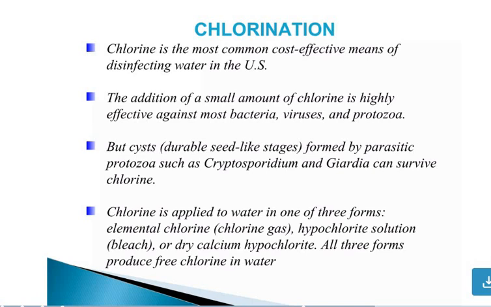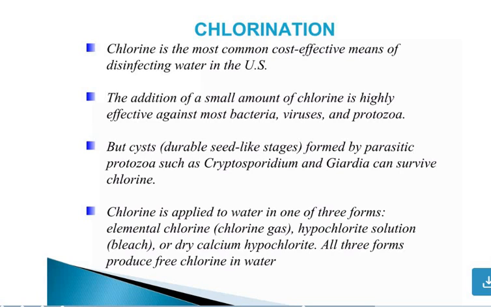But cyst, what is a cyst? A cyst is a durable seed-like structure formed by parasitic protozoa such as Cryptosporidium and Giardia, which can survive chlorine. So these Cryptosporidium and Giardia can survive in chlorine.